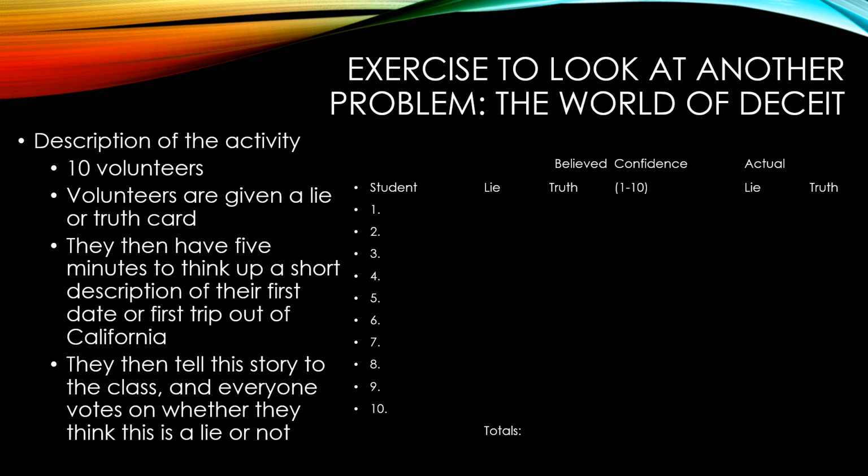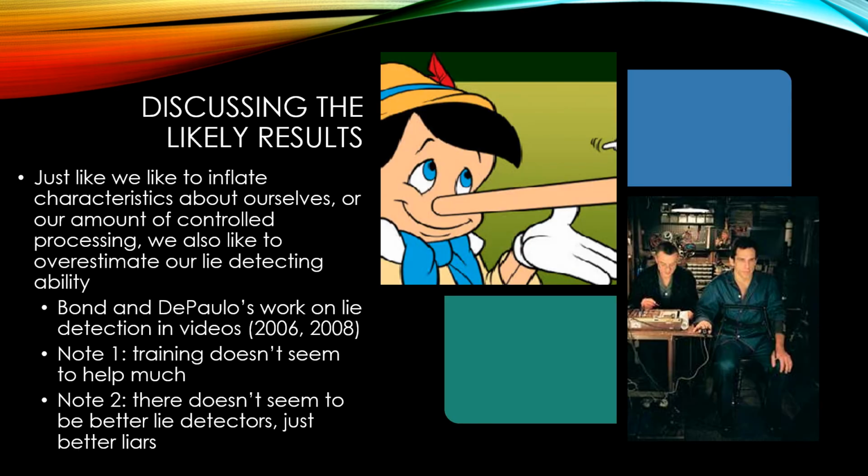And this lack of correlation and lack of ability to detect things has been a topic of conversation for social psychologists and people involved in the law. Their main conclusion through numerous studies that they've run is much like we often find in our class, that we're not necessarily very good at detecting lies at all.